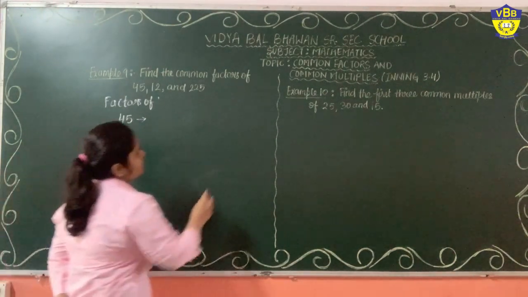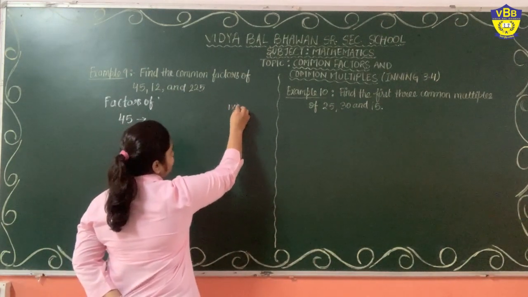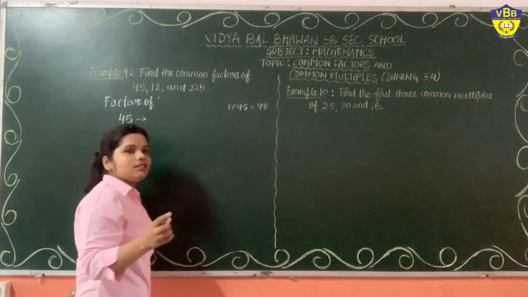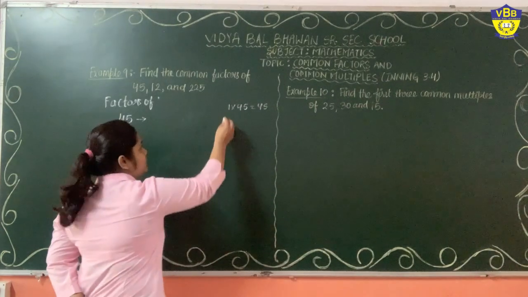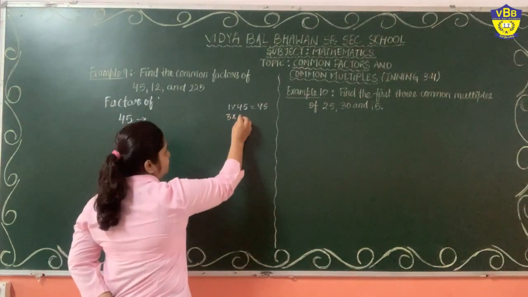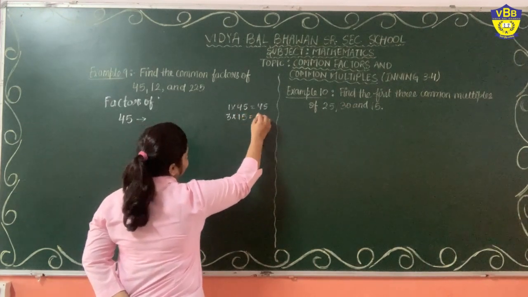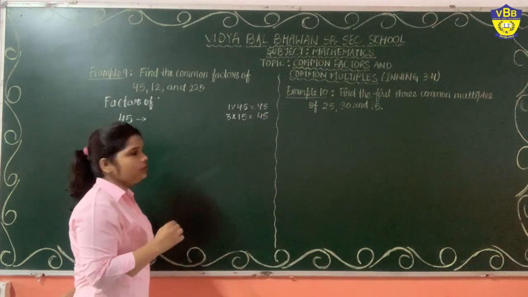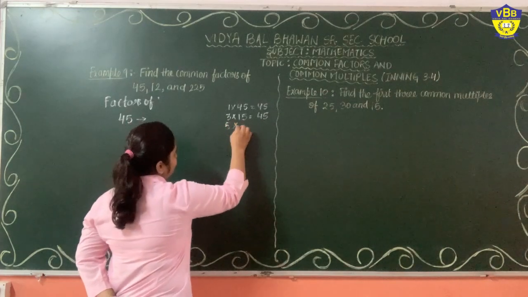It comes in the table of 1, 45 times. After that, the table of 2, no. 3, yes, it comes in the table of 3, 15 times. Will it come in the table of 4? No. 5, yes, 5 nines are 45.